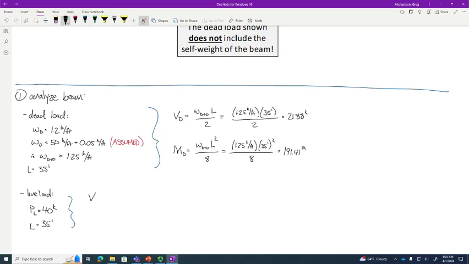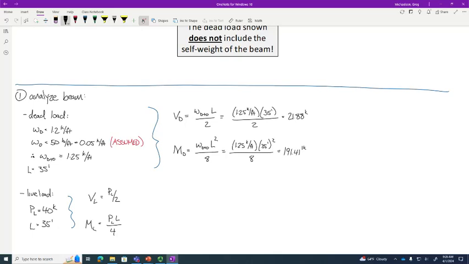And so, what is VL and ML? What is VL? P over 2. And this is PL over 4, right? Do y'all know where these equations are coming from, by the way? Let's just make sure we're comfortable with that.